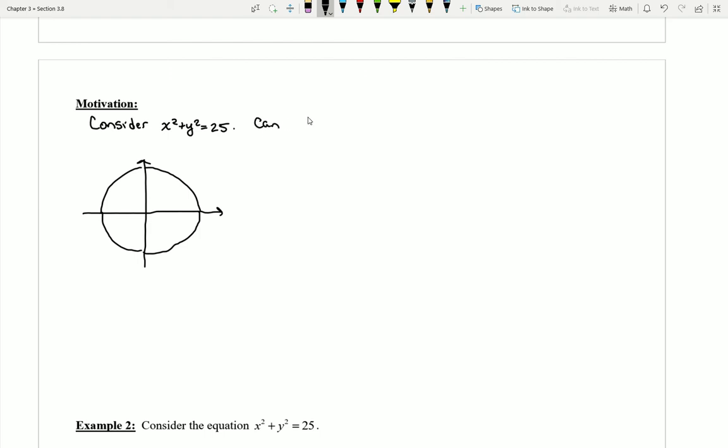So I'll ask the question up here: can we see parts of this curve that could be considered functions on their own?